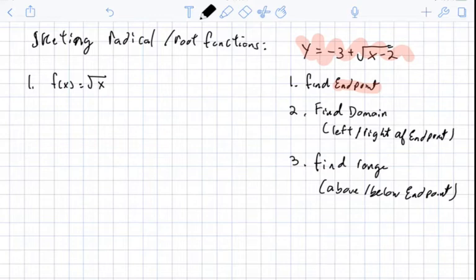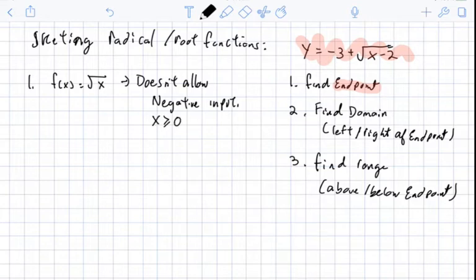The square root function has a few basic behaviors. One of them is that it doesn't allow negative inputs. You take out your calculator and you go square root of -2, and it will say error. In other words, x needs to be bigger than or equal to 0.